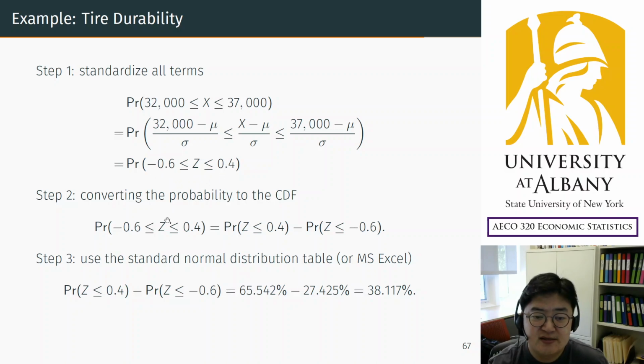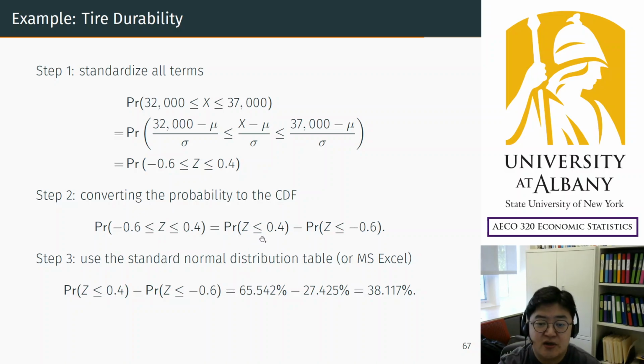And then because this probability is not in cumulative probability form, you have to split these 2 points into cumulative probabilities. Cumulative probability at 0.4 minus cumulative probability at minus 0.6. The difference is the probability on that interval.